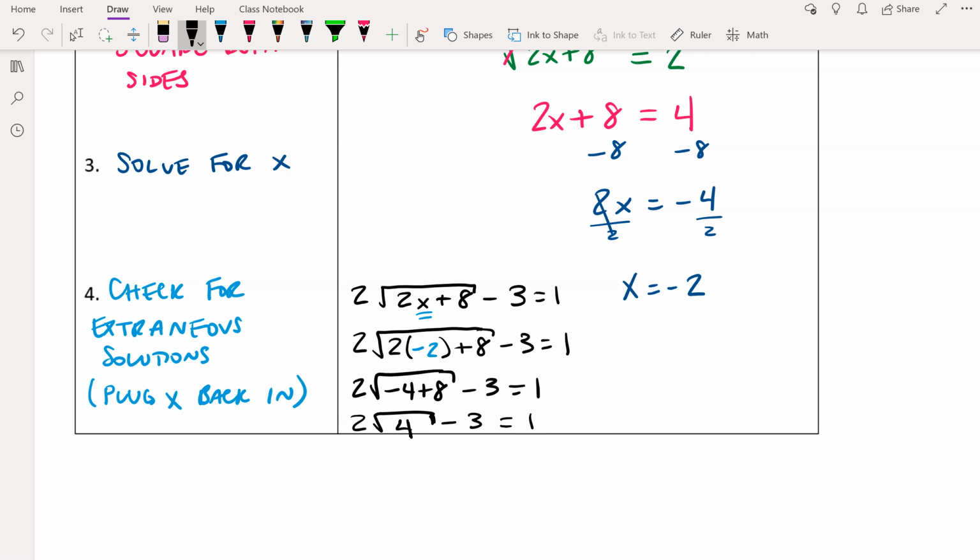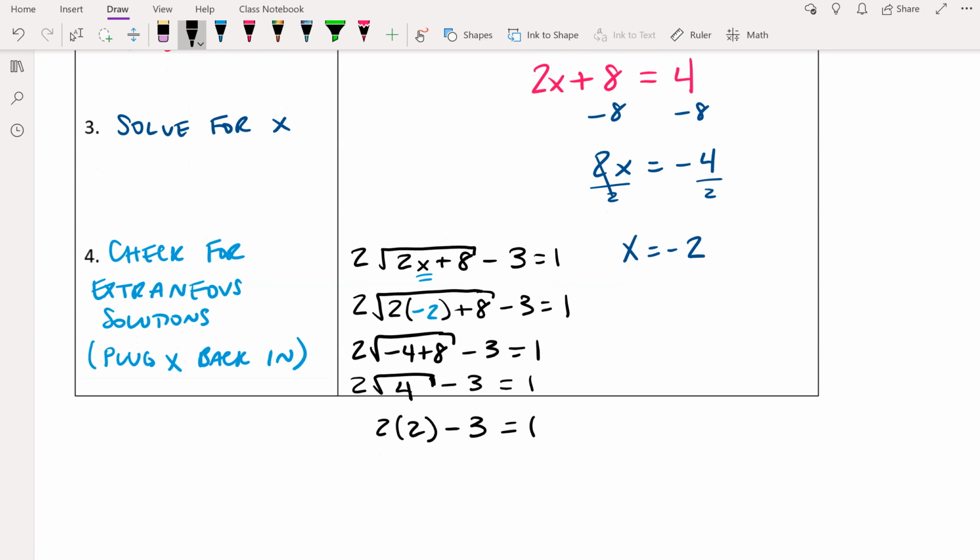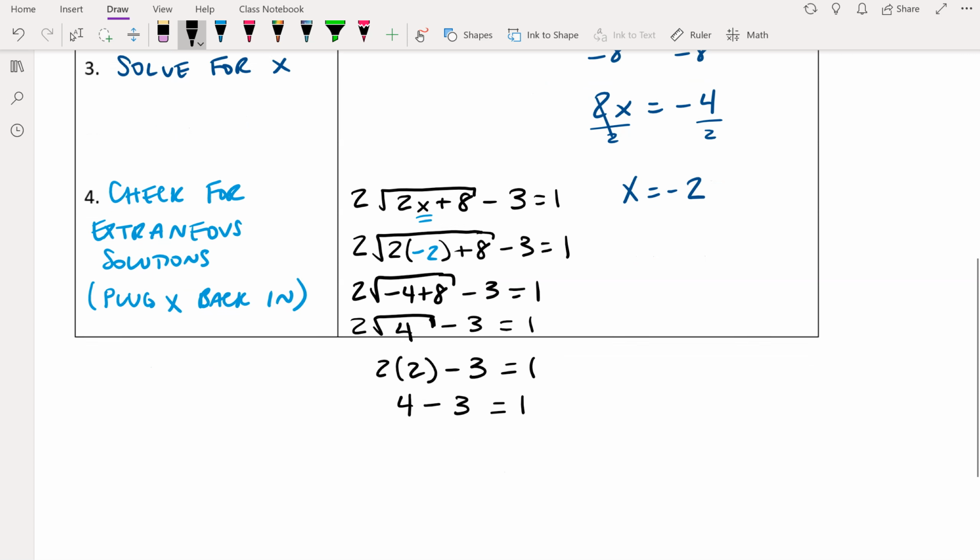Leave 1 by itself. We're just simplifying the left-hand side. Square root of 4 is 2. So we have 2 times 2 minus 3 equals 1. Then 2 times 2 is 4. We get 4 minus 3 equals 1.